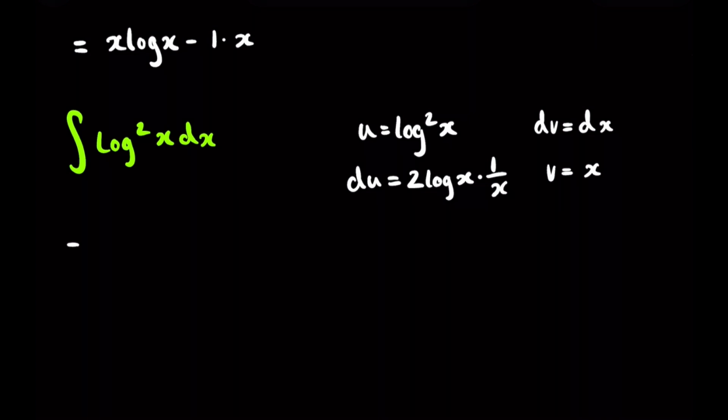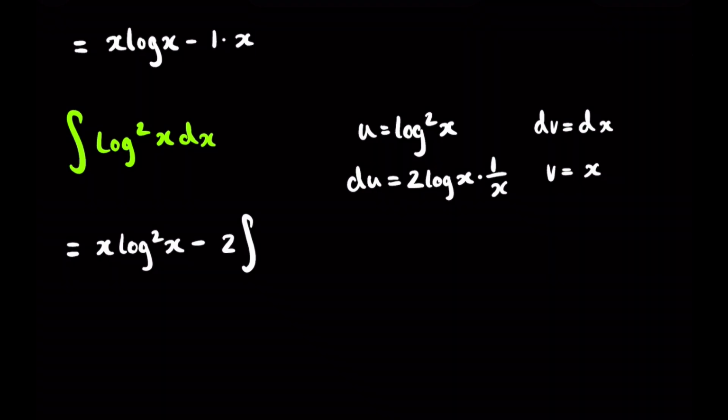And our integral would be equal to u times v, which is x times log squared of x, minus the integral of v du. And in this case, v du would just be 2 log x, because the x and the 1 over x cancel out.